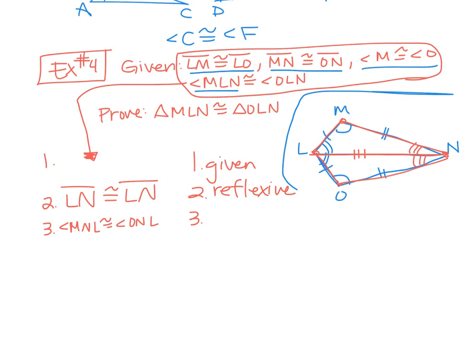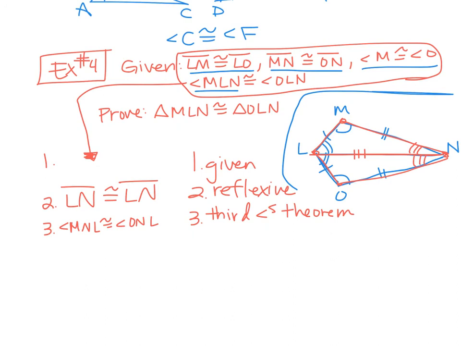Can anyone tell me why they're congruent? It's the third angles theorem, right? We knew the 2 angles were congruent, therefore the third ones have to be as well. So this is third angles theorem. Okay, so you look at your picture. All 3 sides are marked congruent to all 3 sides on the other triangle. All 3 angles are marked congruent to all 3 angles on the other triangle.